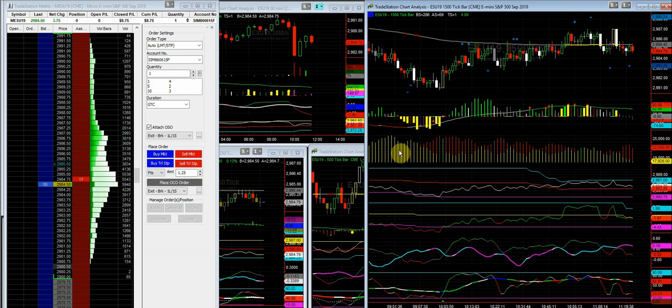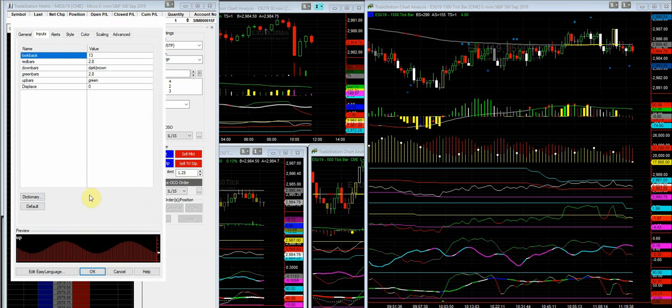The other thing you can do when you format it is that it has this displacement. We're looking at 13 bars back, so since that's lagging, let's displace it to 10. If you displace it by a positive number, it shifts it to the left, and if you displace it by a negative number, it shifts it to the right.